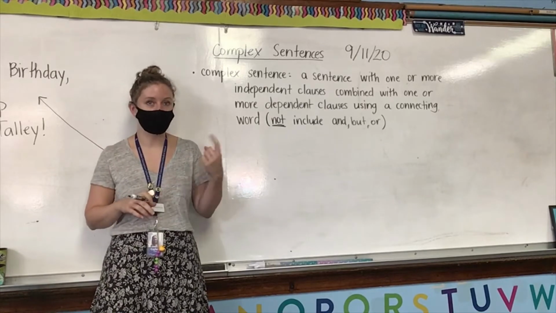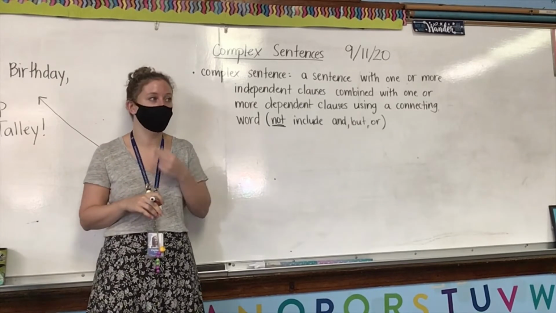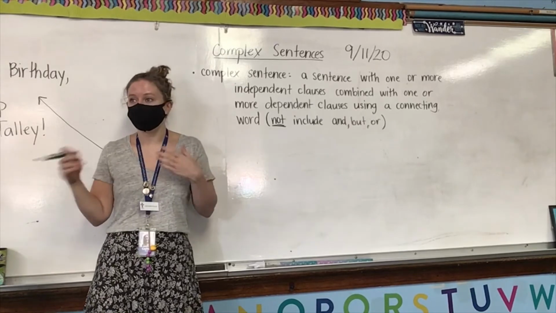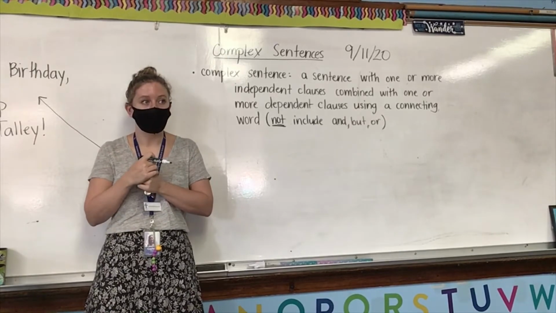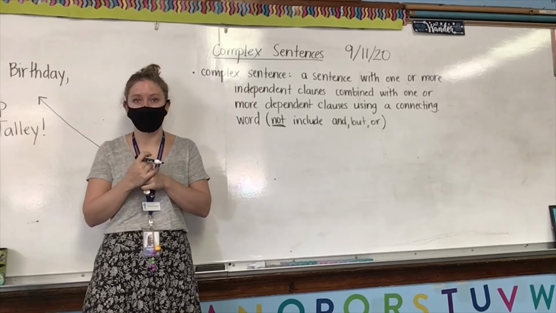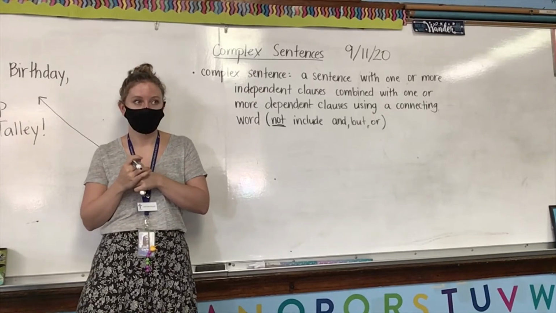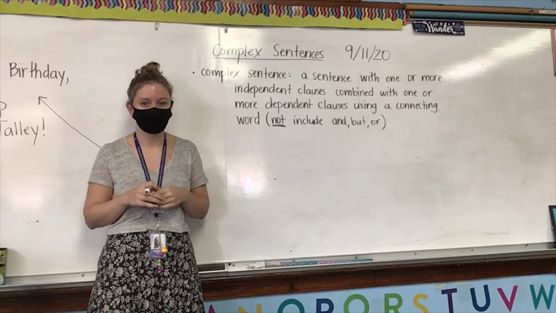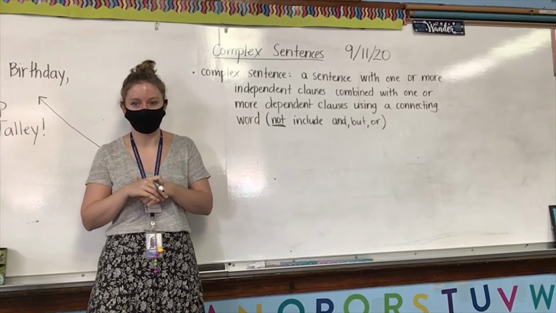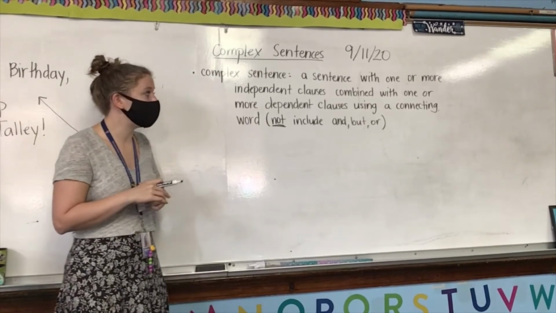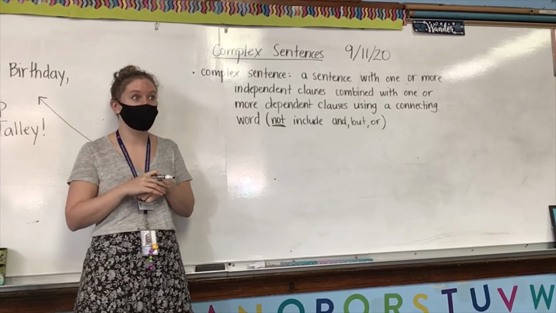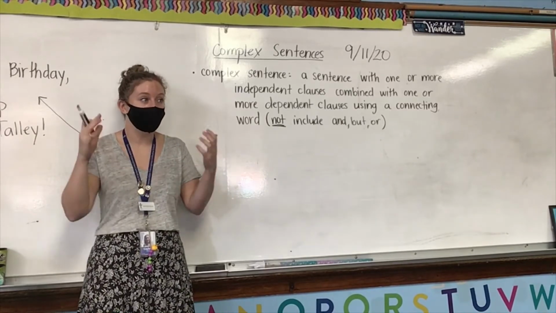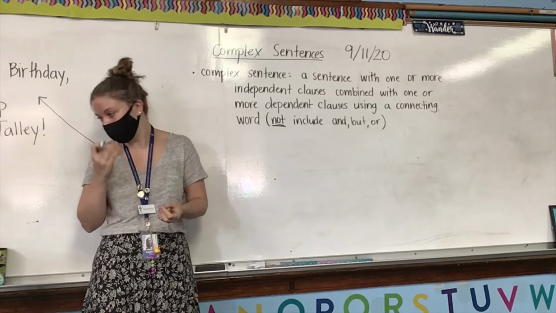That has a subject, I. It has a predicate, have. It makes sense. But if I just added a connecting word at the beginning, because, is that a complete sentence anymore? Because I have a sandwich. Class? No. So dependent clauses are independent clauses that start with a connecting word.